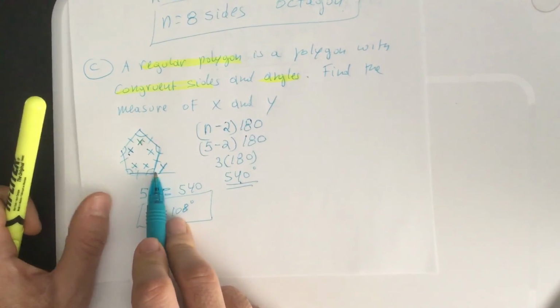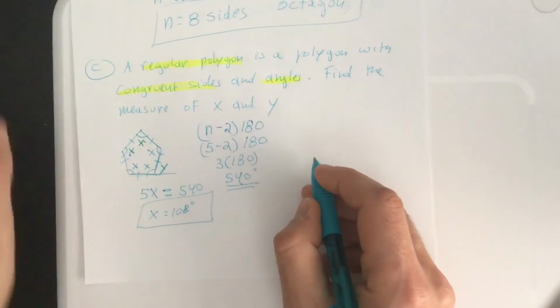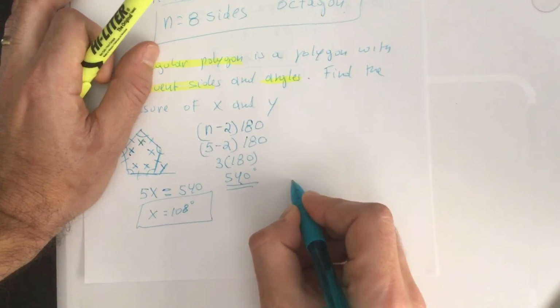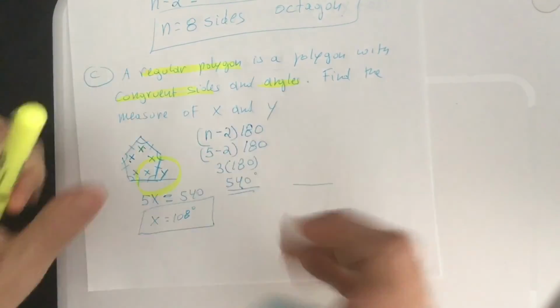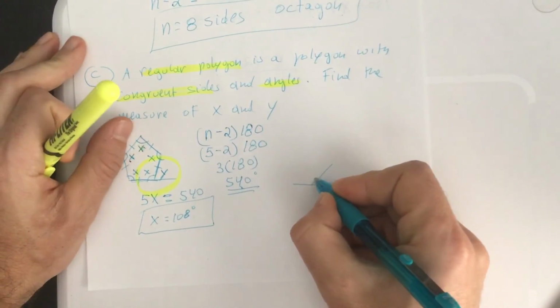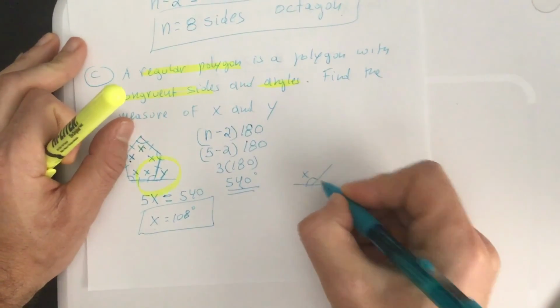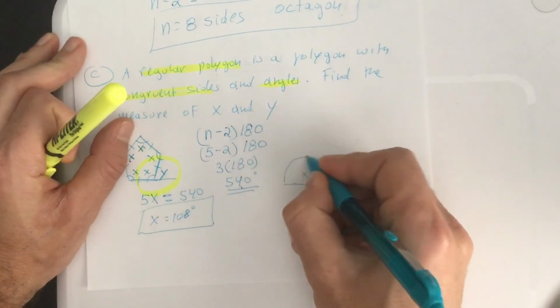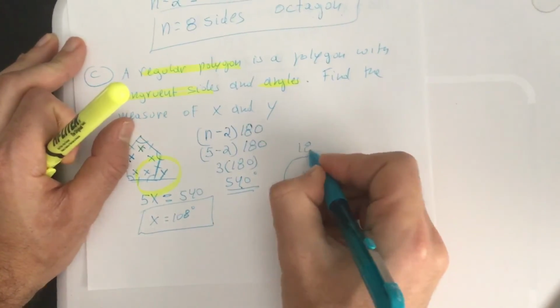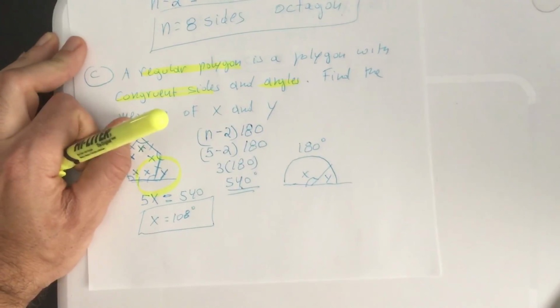And now finally we have to find out what y is. If you notice here, we have a linear pair. This is x and this is y, and together they add up to 180. They are supplementary.